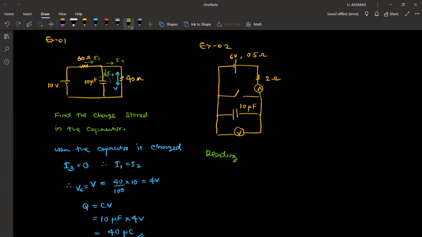Noted the first example. Next, reading of A and V, when the switch is open, second close.